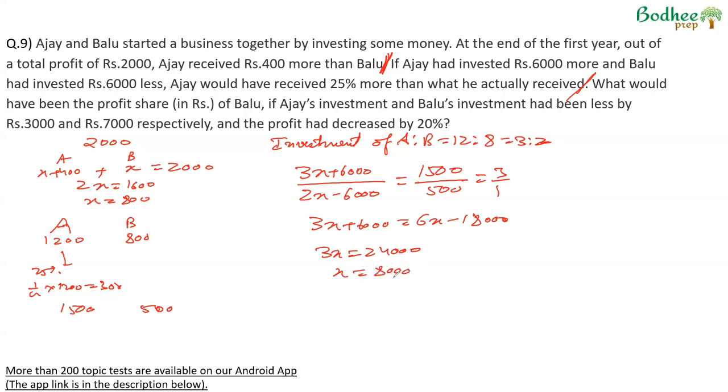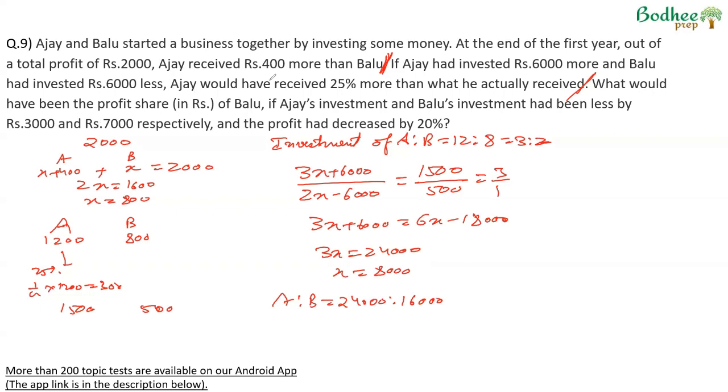So initially, Ajay and Balu had invested 3x, which is 24,000, and 16,000 rupees in the first case. If Ajay's investment goes up by 6,000, his investment becomes 30,000. Balu decreased by 6,000, becomes 10,000. The profit will be divided in the ratio 3:1.